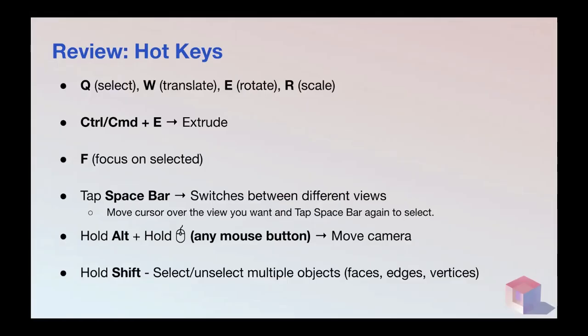You can also tap the spacebar to switch between different views. This will be very important when you're doing your animation. If you want to move the camera, hold Alt and hold any mouse button. And if you hold Shift, you can select multiple objects or unselect.